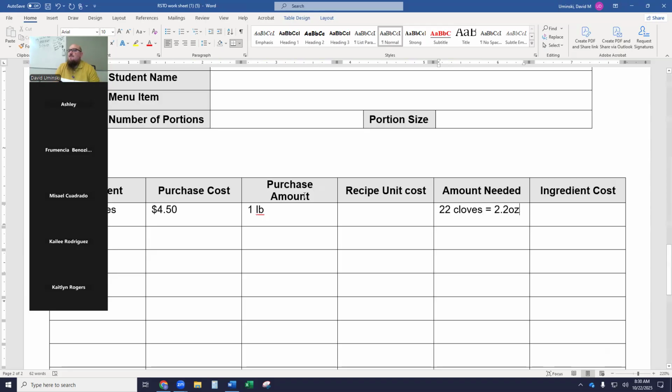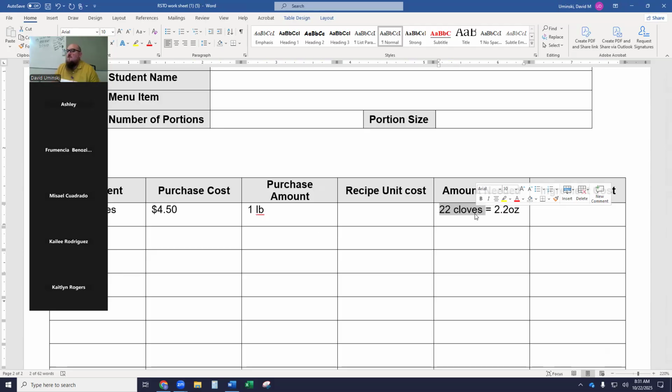Now, I recommend we need the 2.2 ounces for the costing out process. But if you're actually going to make the recipe, it's important to keep those 22 cloves. Otherwise, somebody who gets your recipe is going to take time weighing out 2.2 ounces, when in reality you just want 22 cloves of garlic.